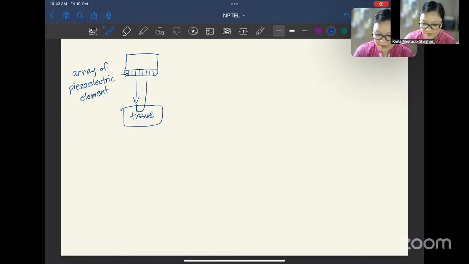Then the sound will go back, okay? Now I'm only drawing one trajectory here, but actually what is happening is you send ultrasound signals and eventually the tissues can scatter in multiple directions. So all of the elements will receive the echoes coming from the tissues, okay?